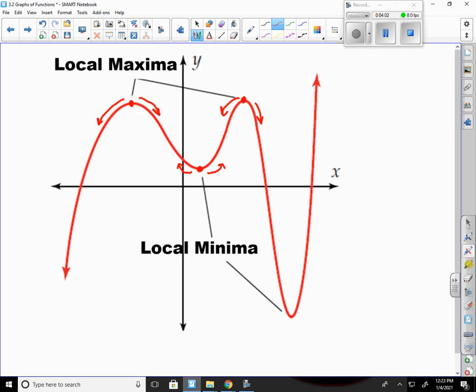And same thing down here. That's basically what that whole paragraph we just wrote told us. If I'm calling something a local max, then all the points around that point have to be lower. If I'm calling it a local min, then all the points around it have to be higher than that point. It's really all that there is to local maxes and mins.